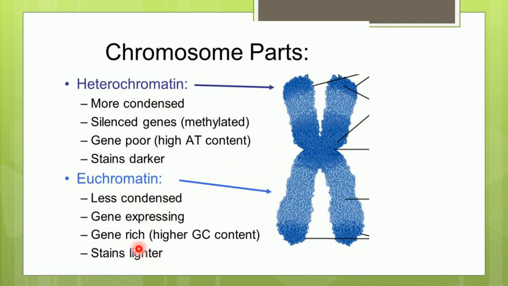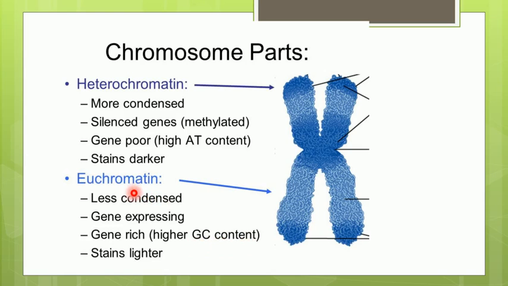So they will stain lighter, whereas heterochromatin stains darker. You will have a high content of adenine and thymine in the heterochromatin region, whereas you will have a high GC content, that is guanine and cytosine content, in the euchromatin region.